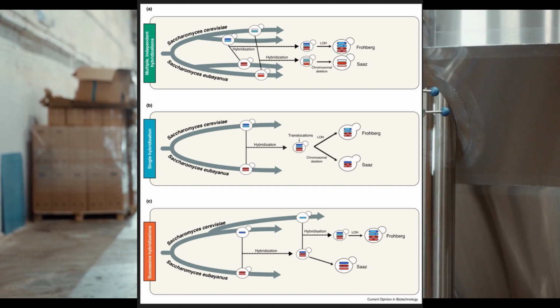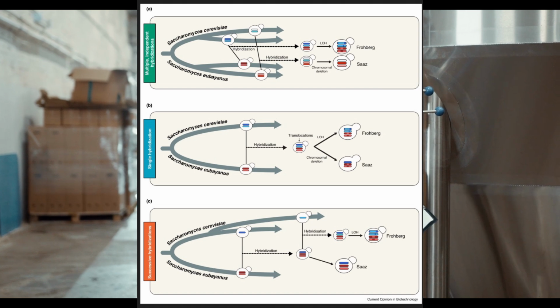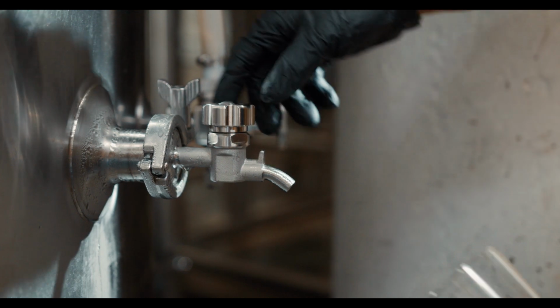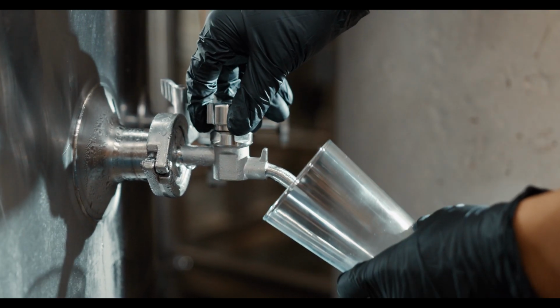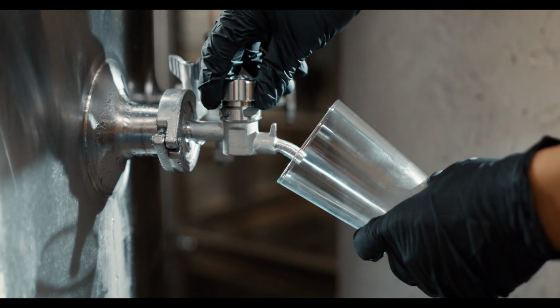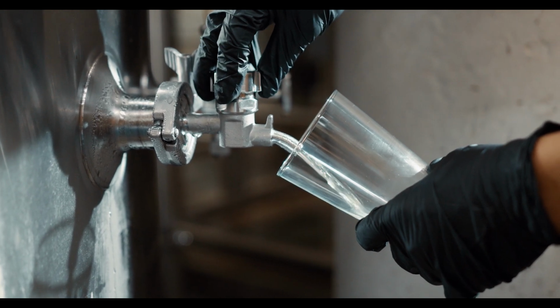Most Cerevisiae species don't do this, but if you hybridize with another species, you can do exactly that. Or in other scenarios, you may want to change the amount or nature of what is growing inside your particular thing. So if you want to get yeast that makes less diacetyls, well, one way to do this is simply to combine it with other yeast.